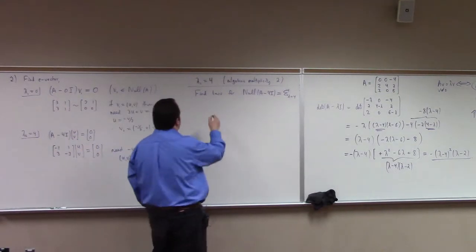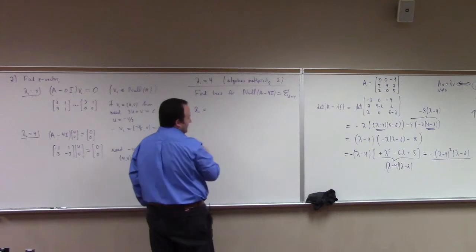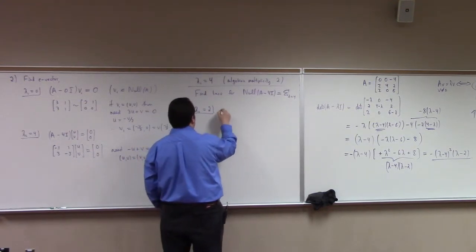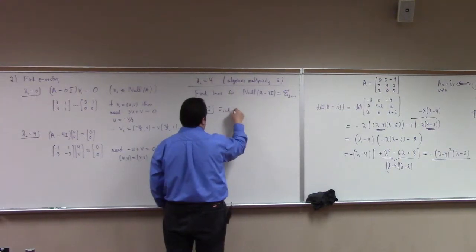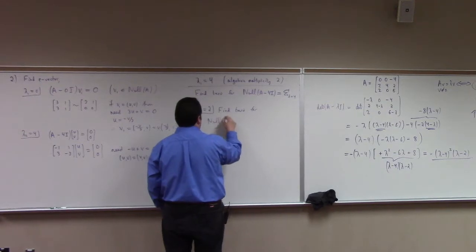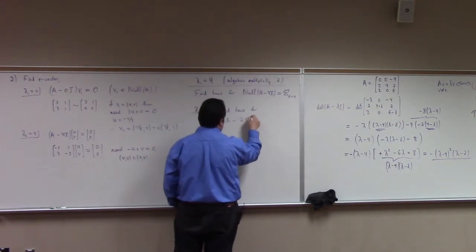And then for lambda 2, which is apparently 2, right, I have to find a basis for the null space of A minus 2I.